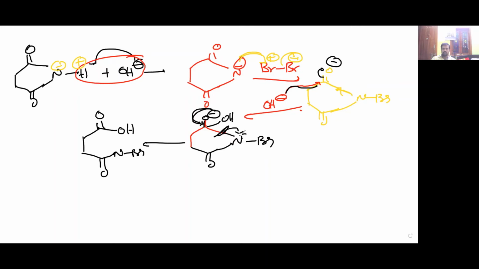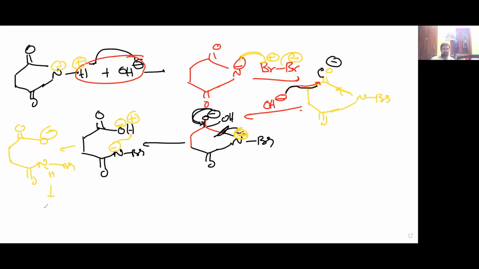Again, here the nitrogen is connected. What is the charge? Here nitrogen has a negative charge. So this is acidic. Please remember this is acid, so H plus is abstracted. Then COO minus, here NHBr. As usual, this is the same thing.